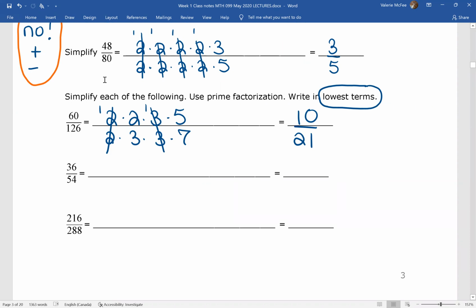Pause your video and prime factor and simplify 36/54. And now pause your video and prime factor 216/288.